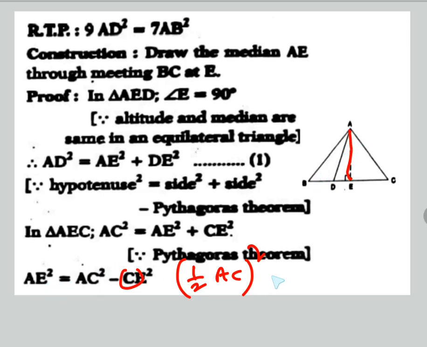Also we can write this AE square is equal to AB square, because we need that in terms of AB. AC means AB, and this 1 by 2 AC whole square is 1 by 4 AB square.